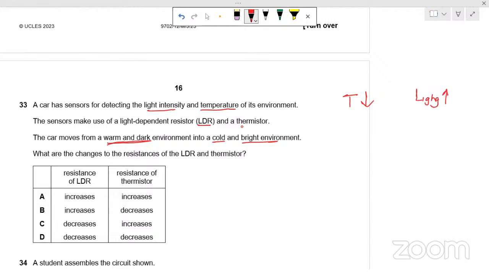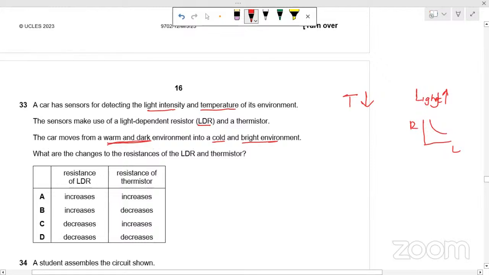If the light intensity is increased, the resistance of the LDR will decrease, so that will decrease.